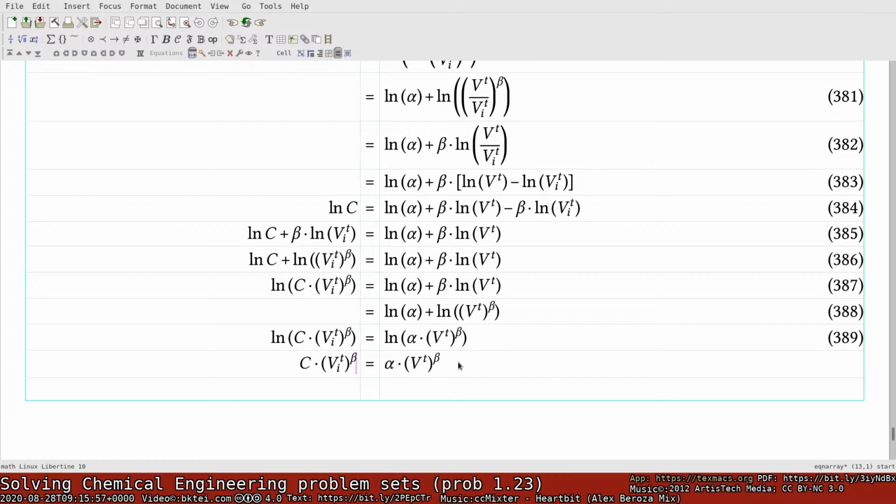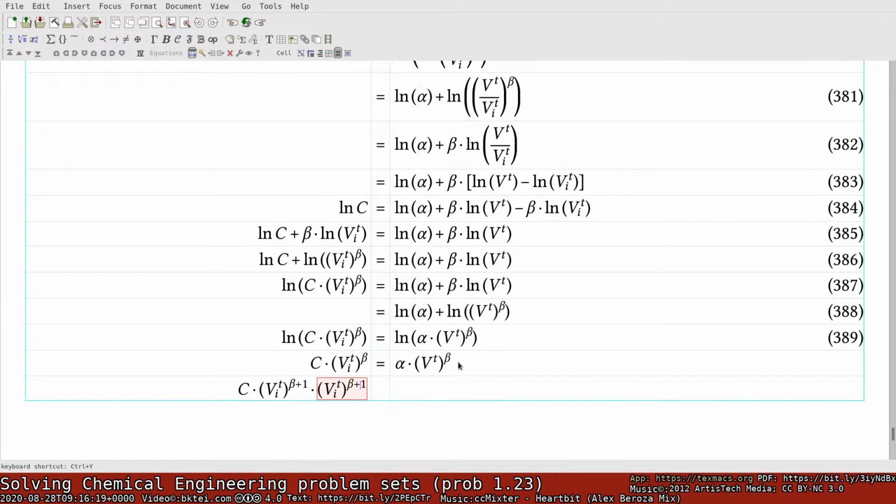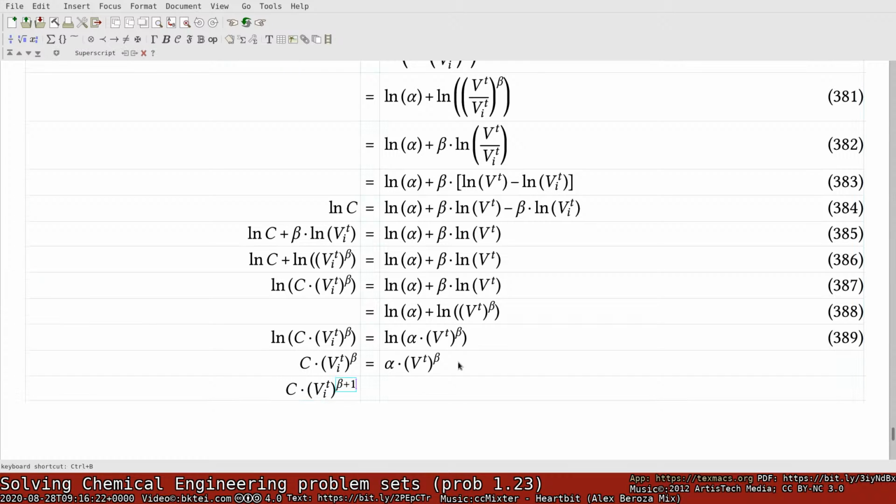Can I do that, though? Could I say C times beta plus 1 times the same thing? Or what do I want to do? Because I want this somehow. So beta plus 1 minus 1.